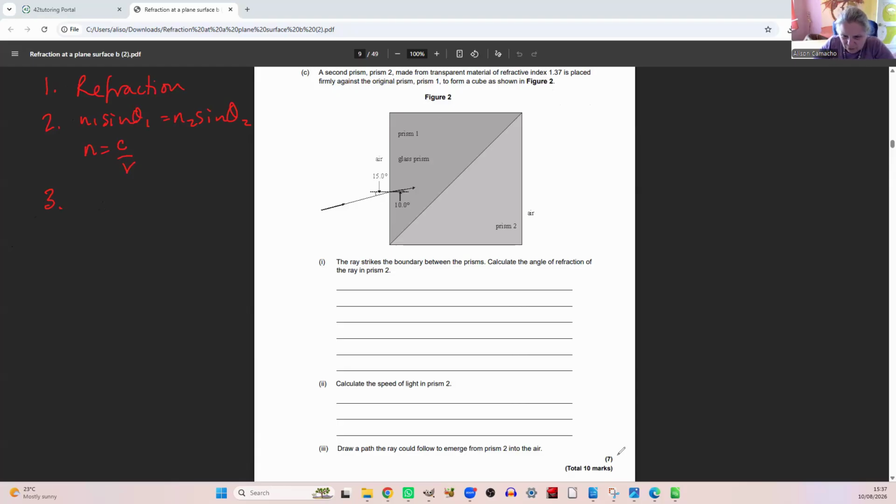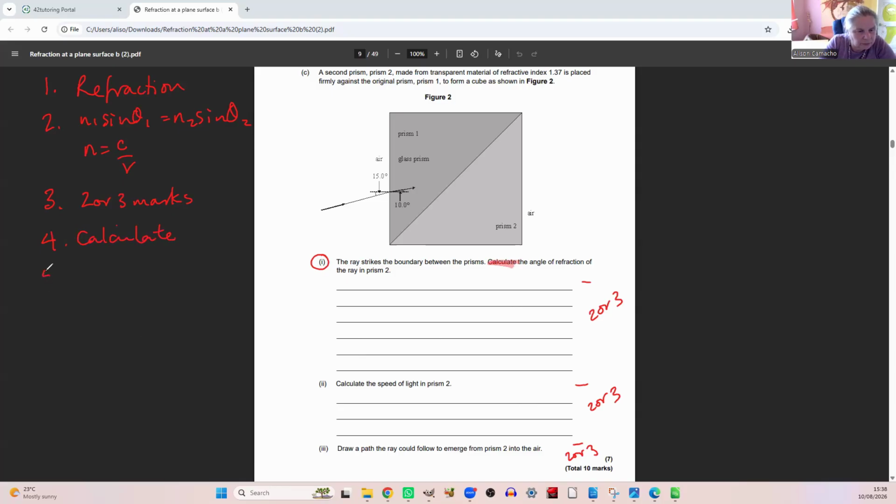Well, we've got 7, which we've got to split into 3. So it's 2 or 3, 2 or 3, 2 or 3, probably. So we've got 2 or 3 marks. Number 4. What is the command word for C part I? Pop it in the chat. Yep, there it is. Calculate. Okay. So it's calculate.